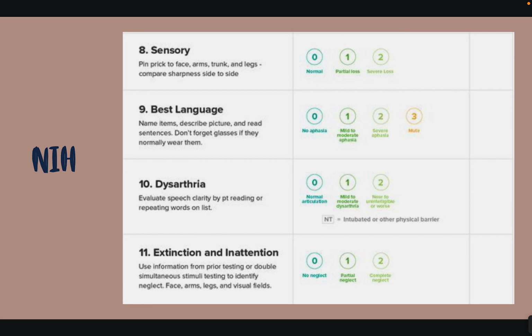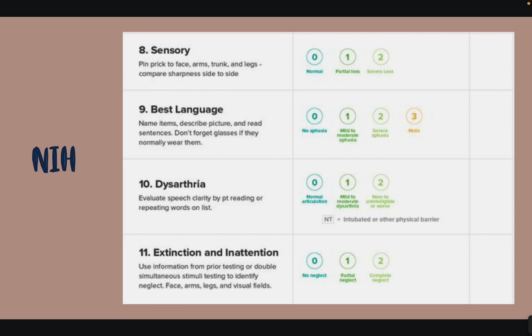If they wear glasses, make sure that they're wearing their glasses, because that's not fair. Then we're going to be evaluating their speech as well, by repeating words, and seeing if they're able to do that. And then lastly, we're going to be checking for extinction and inattention.